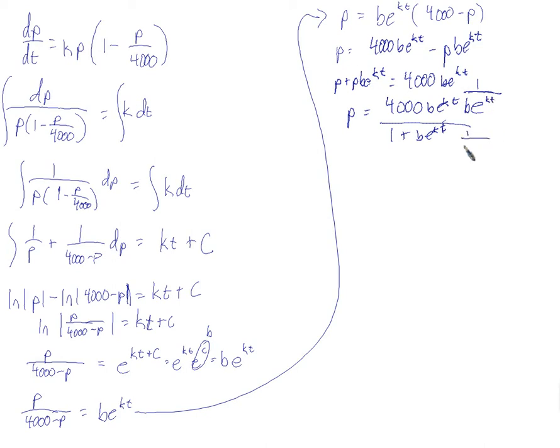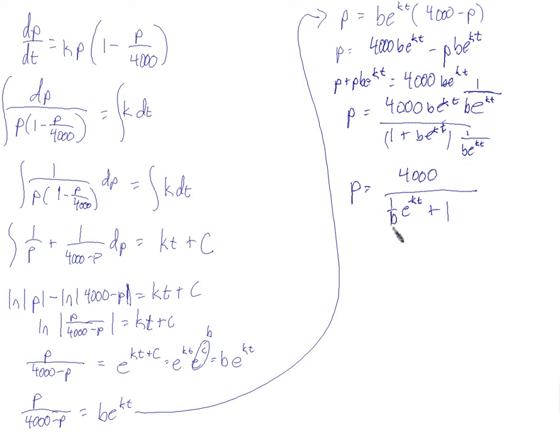I guess this is a little silly, but it will cancel out b e to the kt in the numerator, so we're just left with 4,000. Over, we'll distribute this through the denominator, so we'll get 1 over b times e to the negative kt plus 1, because it's going to cancel out there.